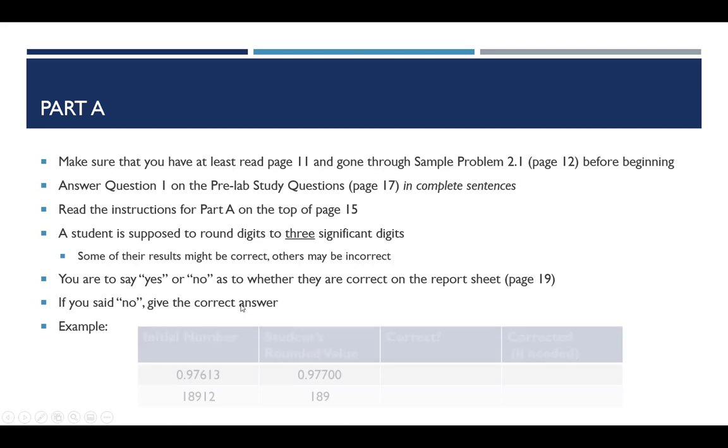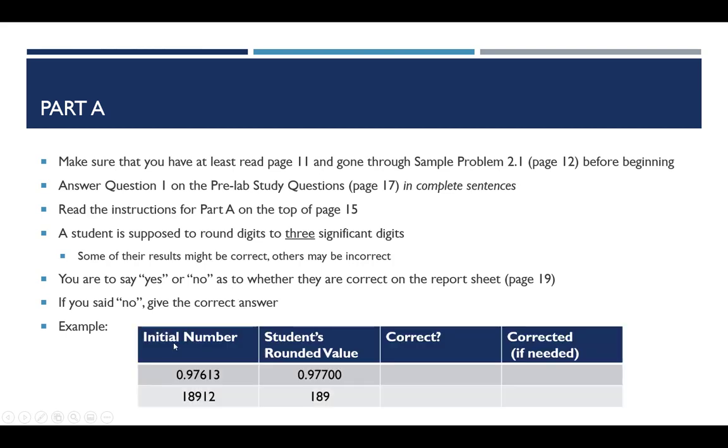So let's take a look at some examples. So this table looks similar to the one on page 19, except it's a bit more colorful. So remember, the student is supposed to take the number that they're given and round it to 3 significant digits. So let's look at this and see if it's correct.